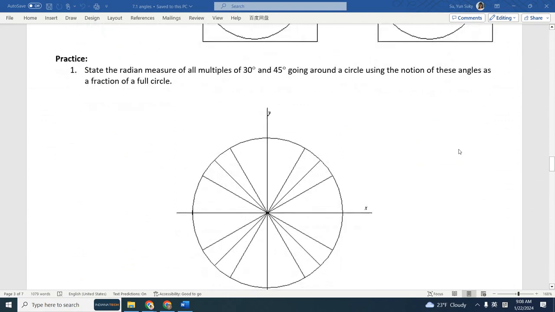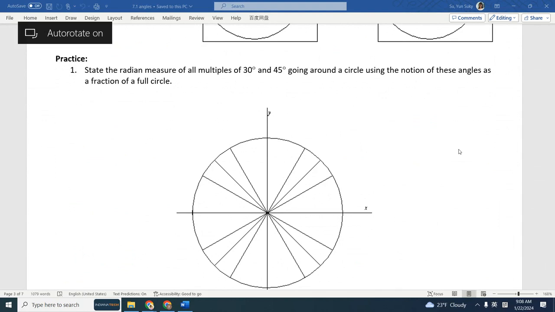Okay, so practice. State the radian measure of all multiples of 30 degrees and 45 degrees going around a circle using the notation of these angles as a fraction of a full circle.